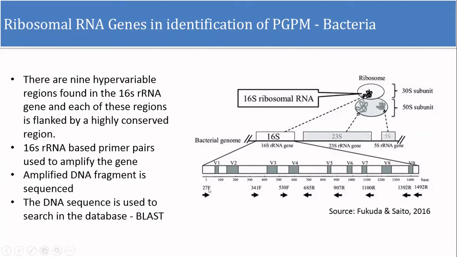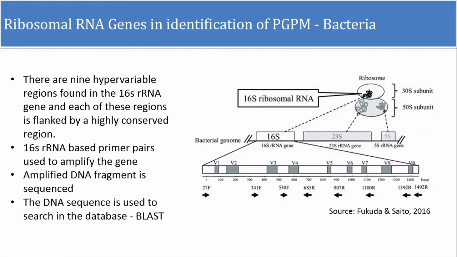And here, if you see this 27F and 1492R, that is actually based on the location of the bases, and based on that, these primers have been designed. And in between, you also have this V3, V4 and V5. And here, in case you are going to study the diversity of the microorganisms, as explained by Shankar, you may need to use specific regions.